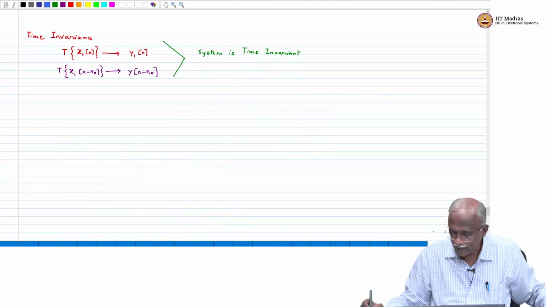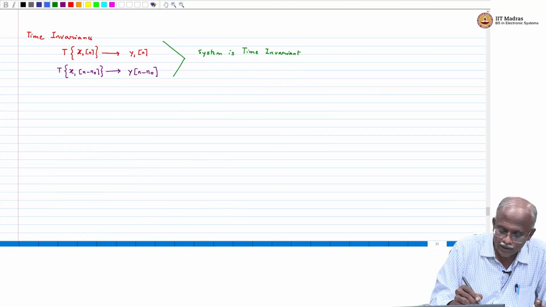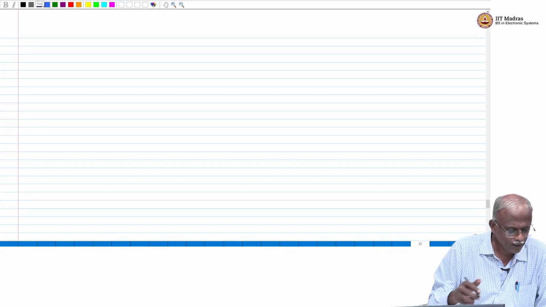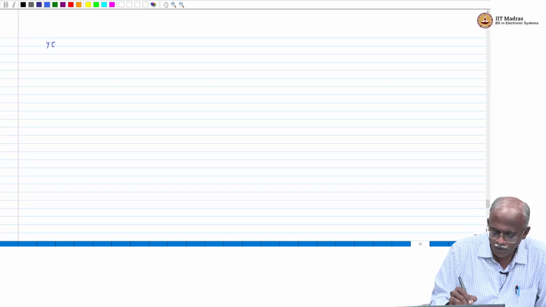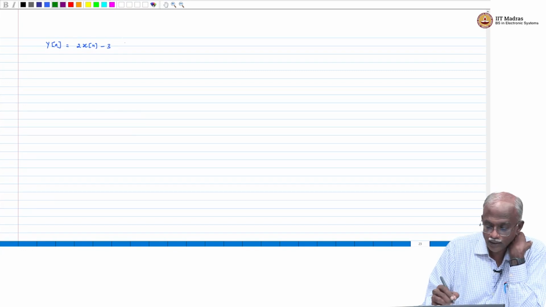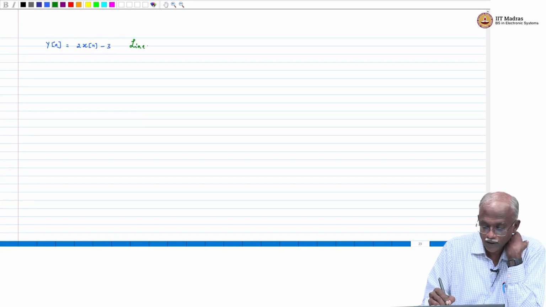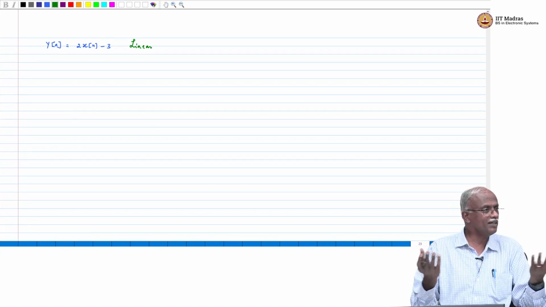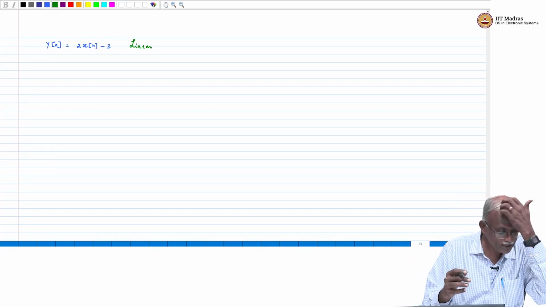Now, look at the equation of another straight line that we are all very familiar with. y of n is equal to 2 times x of n minus 3. Is this linear? Intuitively you may say, well, y is equal to 2x is linear, so y is equal to 2x minus 3 must be linear, but let us check.